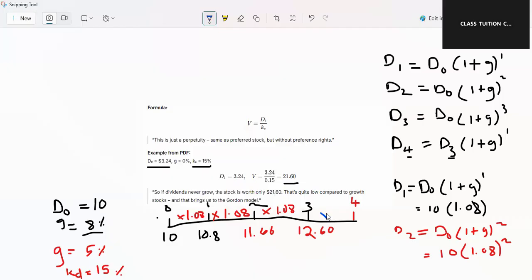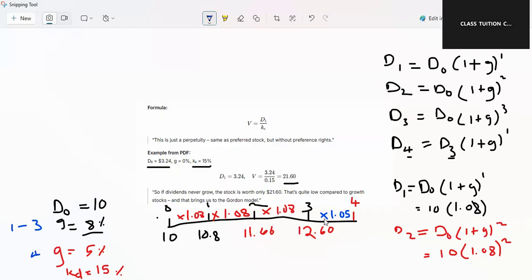We multiply by 1.05. Why are we multiplying by 1.05? Because the growth for the first 3 years, year 1 to year 3, is 8%. That's why we're using 1.08, 1.08, 1.08. But going to year 4 onwards, the growth rate has dropped to 5%.